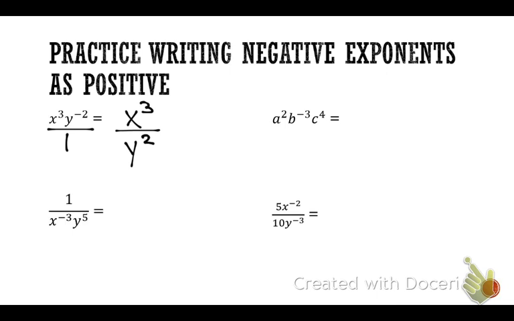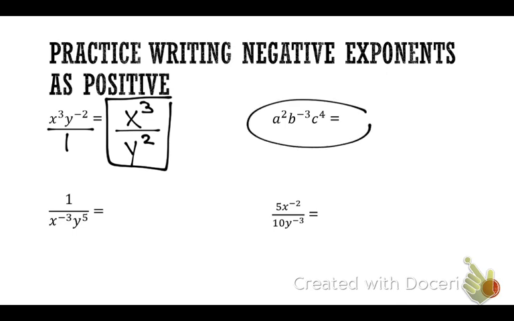So just because you see a negative exponent doesn't mean everything moves. It's only the parts of the expression that had the negative exponent. Based on what I just said, I want you to do the top right one.